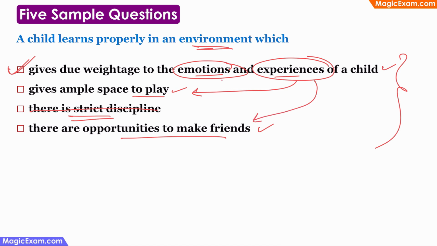Now, emotions, the child learns a lot about emotions and learns to control emotions through play. And the child will also go through a lot of emotional experiences when he or she works with or plays with friends. So, if you look at it, the first statement, that is giving due weightage to both emotions and experiences, is the strongest among the 3 possible correct answers. Therefore, this is the best answer to this question.